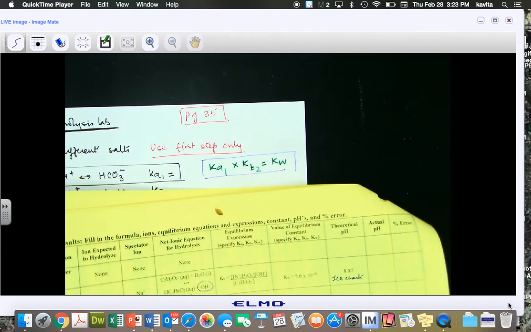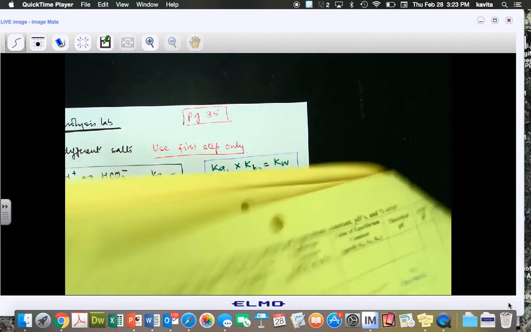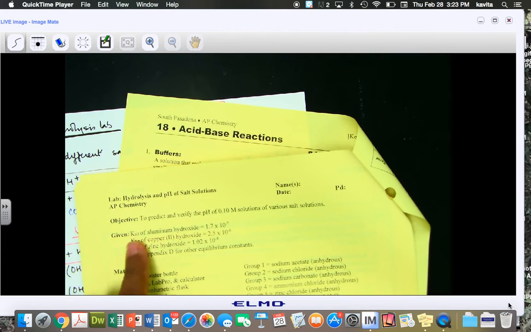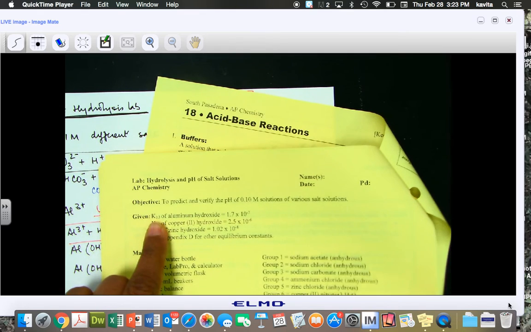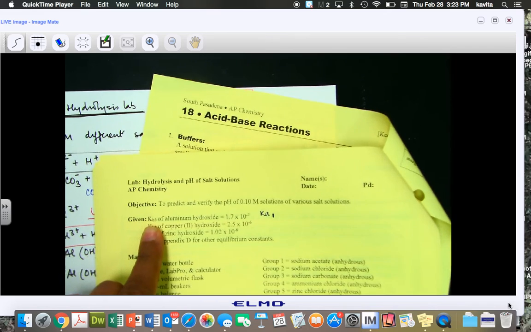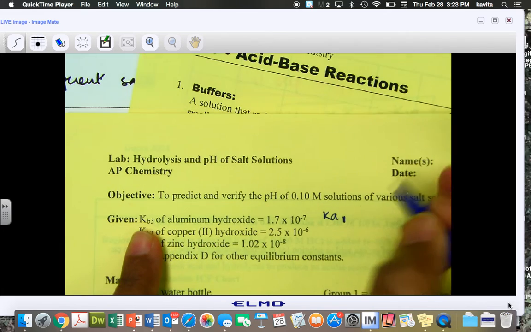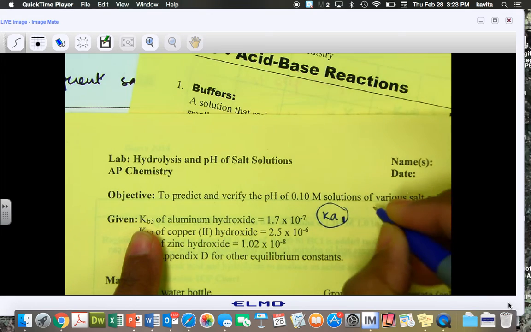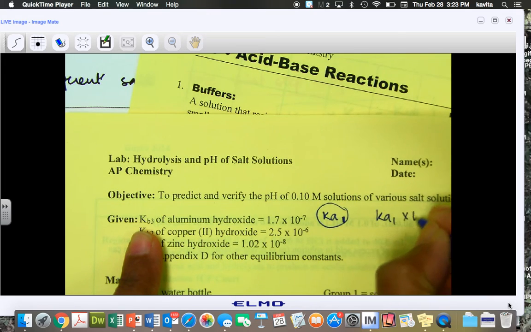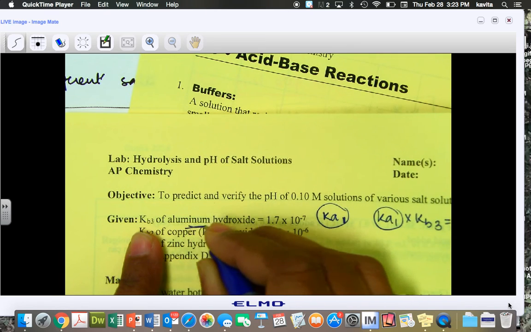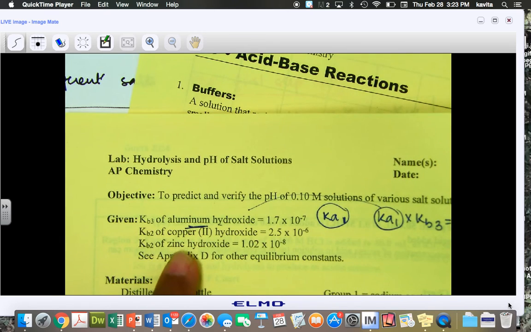And why I tell you this is, as you look at the values for aluminum hydroxide, they've only given you Kb3, but you will require the Ka1 value. You have two choices. Either you can look for the Ka1 value online, or you know that Ka1 times Kb3 is Kw, and that's how you can calculate Ka1, because you will be using only the first dissociation, or Ka1 value.